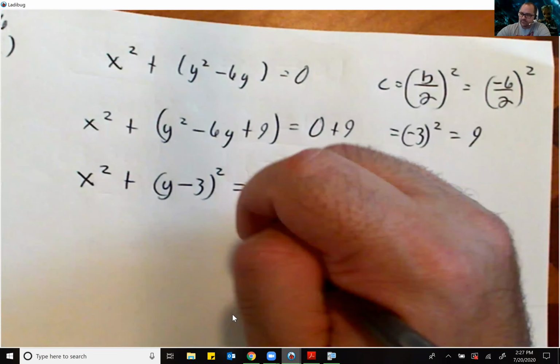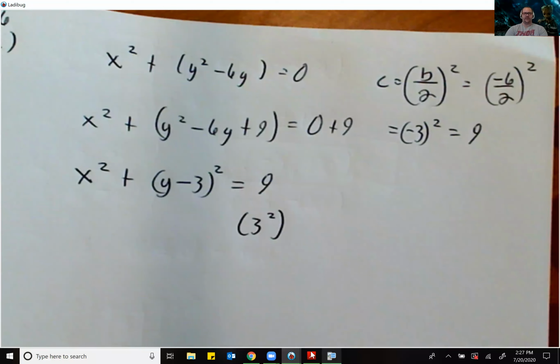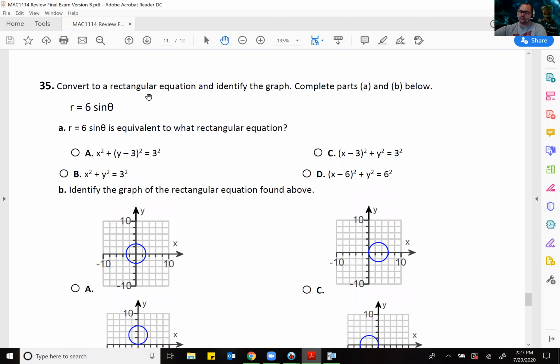It's 3 squared. So that leads us to the equation of A. That's the equation we have written down. So the first one is A. And then down here, the graph is B.